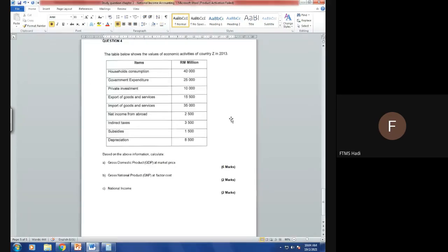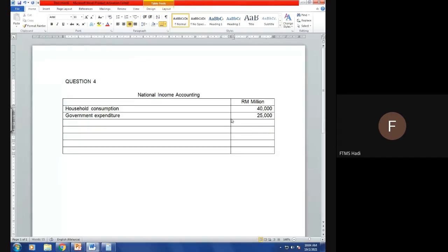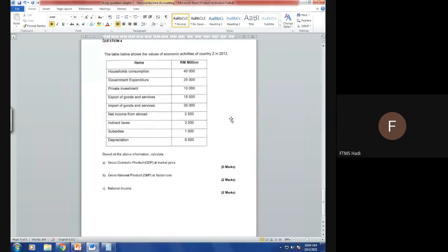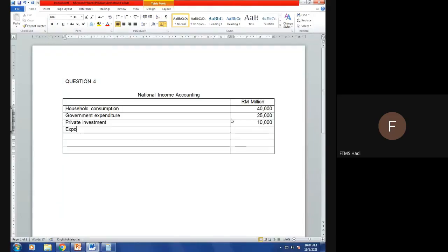The third one, private investment. Export, add or minus? Export add, 15,500. And then import, because money goes out, right? Yeah, minus, which is negative 35,000. This one is minus.